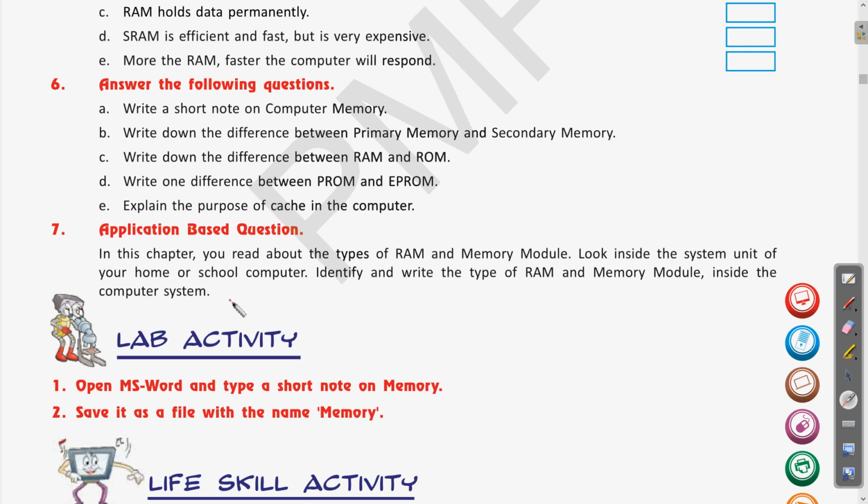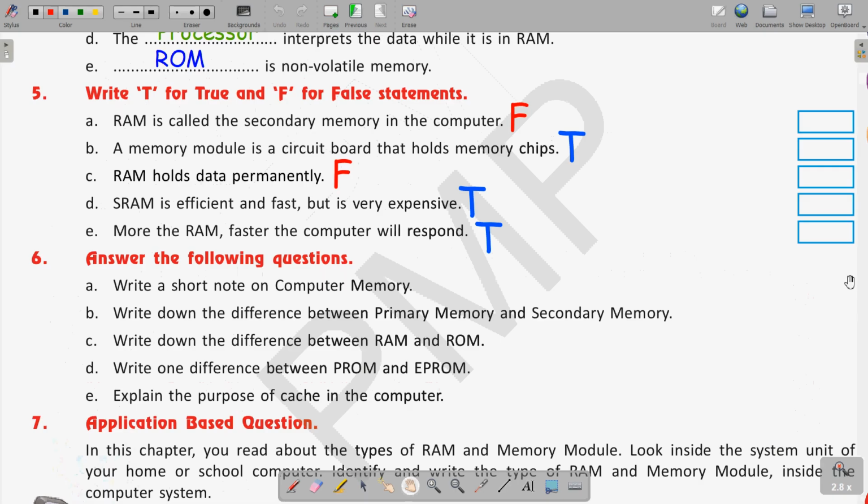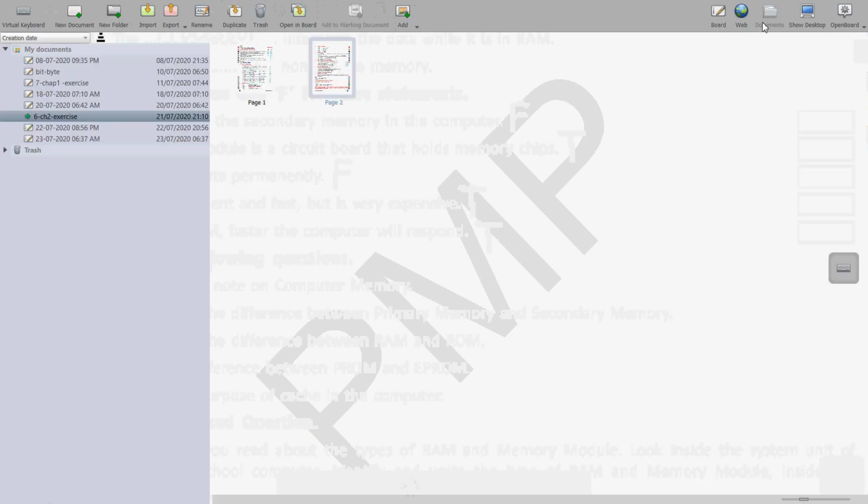Okay, this is related to an activity also, where you have to see the different parts of the computer and identify the RAM and the memory module. So we can do this as well. Yes, we can. Let me show you the picture inside, of how the RAM and memory module is visible, and then you can identify it also.